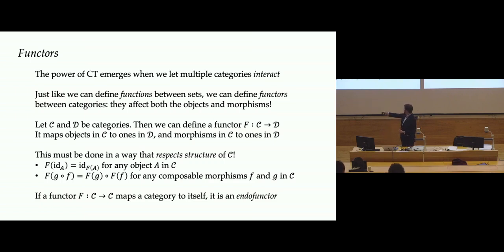The second one is if I apply my functor to a composition of morphisms, I should get the same result as if I first applied the functor to the two morphisms separately and then composed the result. As long as these two properties hold, we have a valid functor. And one very typical concept that we will use a lot today is a functor that maps a category to itself, which we often call an endofunctor.